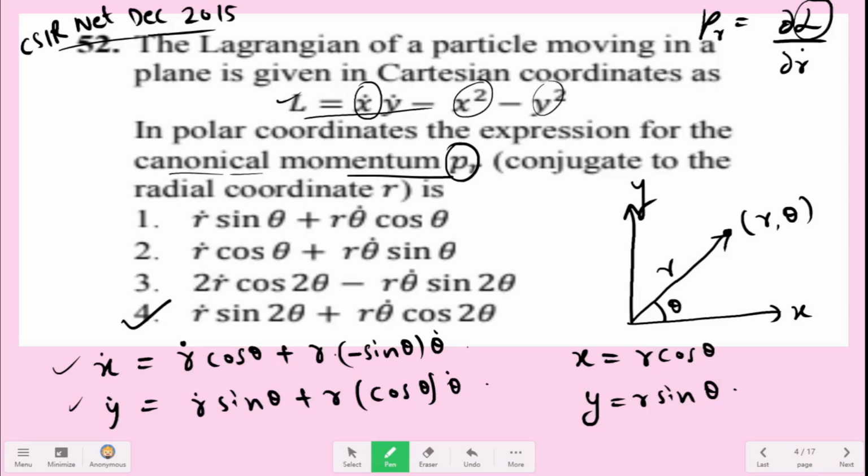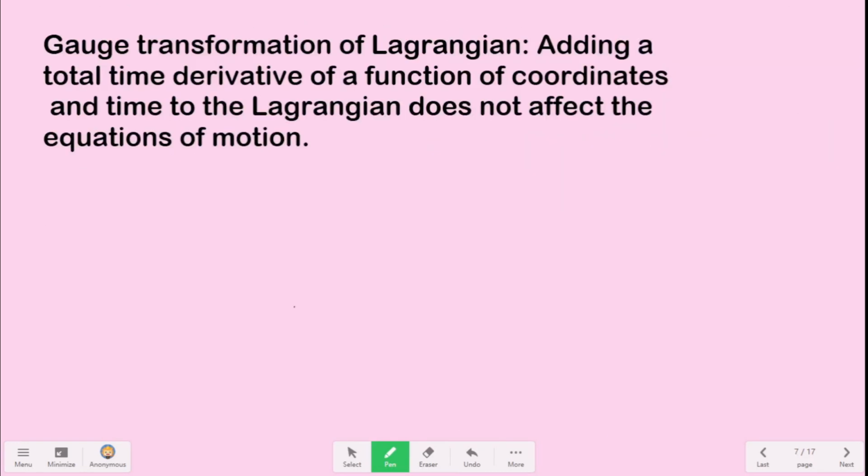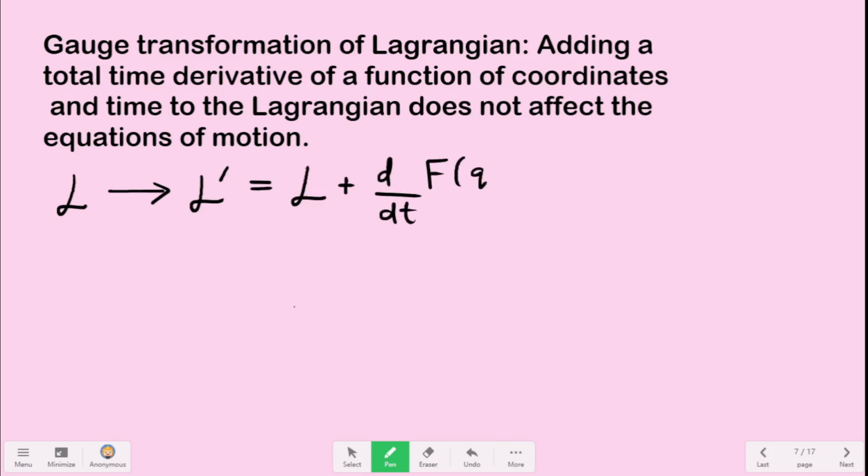Now let us move on to discuss what gauge transformation of Lagrangian is. So there is a Lagrangian L. We are transforming it into a new Lagrangian L prime. L prime is equal to L plus d by dt of f of q and t.